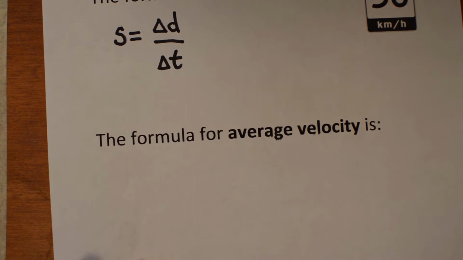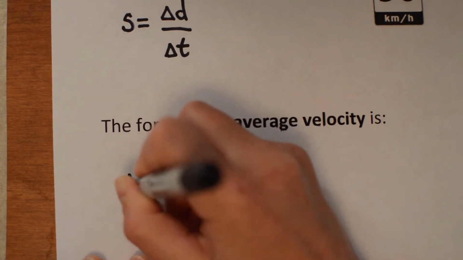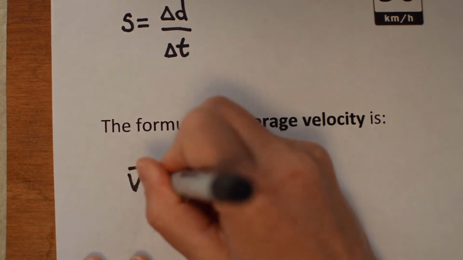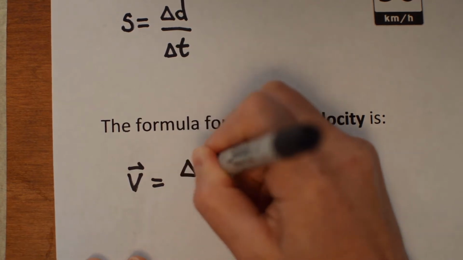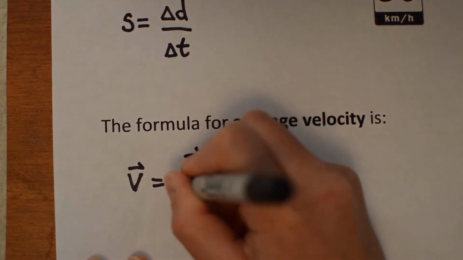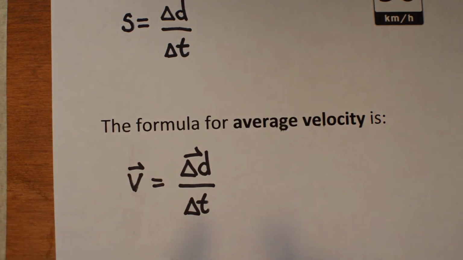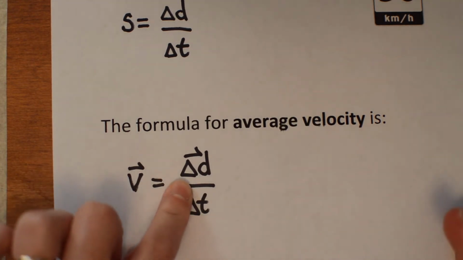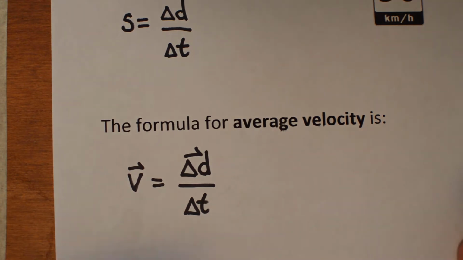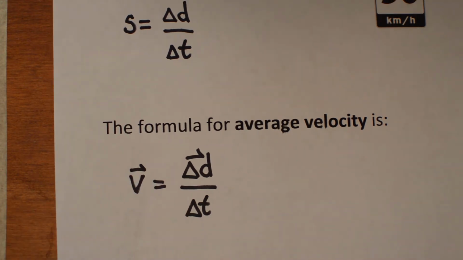The formula for average velocity is v with a little arrow. It's a vector. It's going to be displacement, delta d with the arrow, over time. So velocity will be in the same direction as your displacement. So if my displacement is at some funny angle, velocity is at the same funny angle. And this is average velocity over the whole trip.